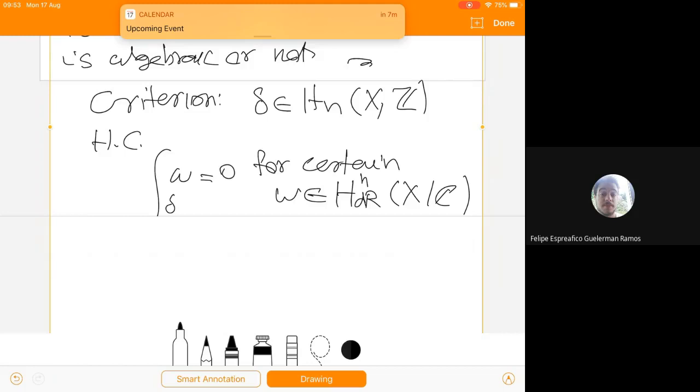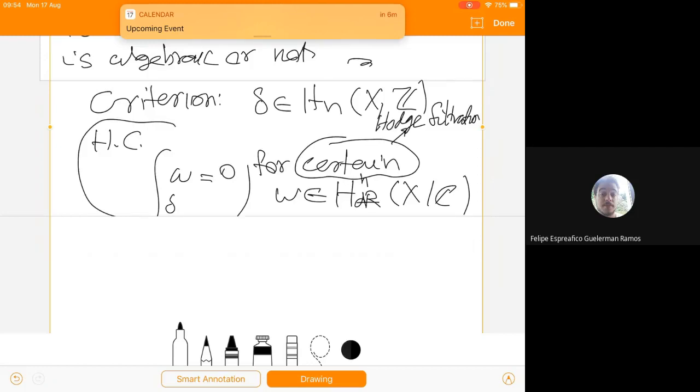But if only part of our integrals over delta is zero, delta might still be a non-zero element. During the course we will see what it means by certain. This has to do with something called the Hodge filtration. We will see that de Rham cohomology has a filtration called the Hodge filtration, and using it we can formulate the Hodge conjecture precisely.